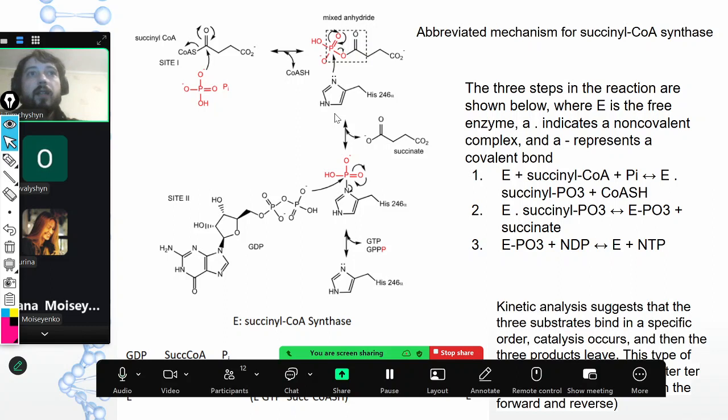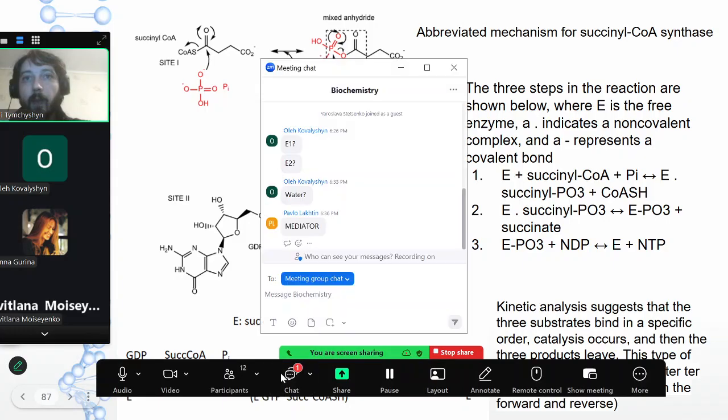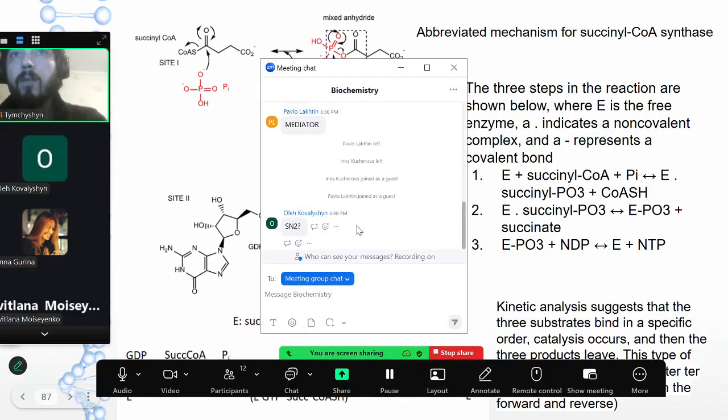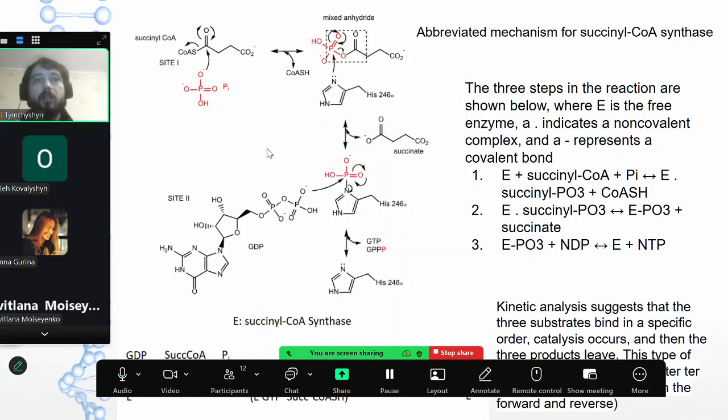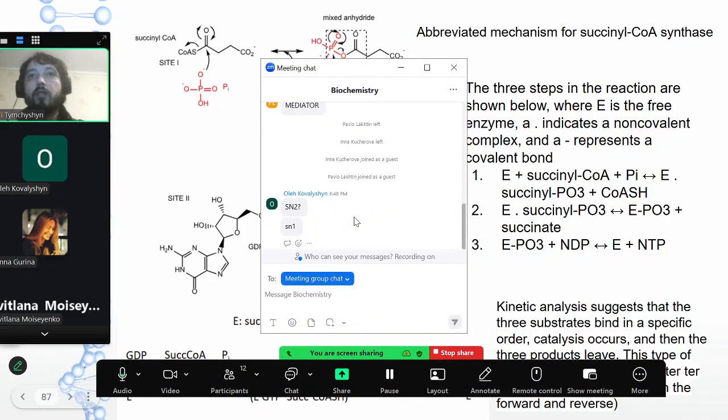So that's an attack, but what kind of attack? Well, it's not SN2, but yeah, you are close. So this is a nucleophilic attack with the formation of that sort of tetrahedral intermediate.